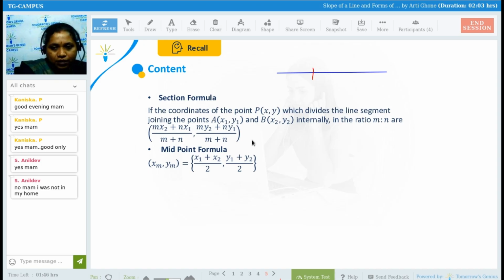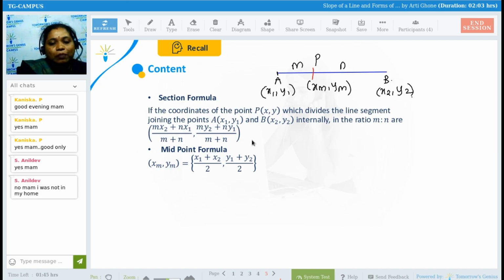Now if this is A and B, my A coordinates are x1 and y1, B coordinates are x2 and y2, and we need to find this point of section. If we take this ratio as m and n, this part is m and this part is n. So what is the point P by the section formula? The answer is (m times x2 plus n times x1) upon (m plus n), and (m times y2 plus n times y1) upon (m plus n).